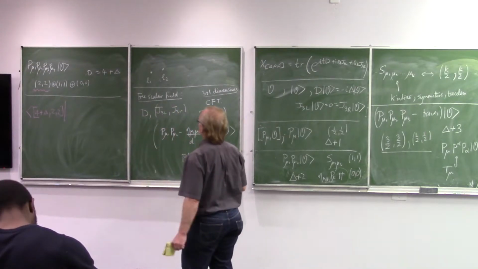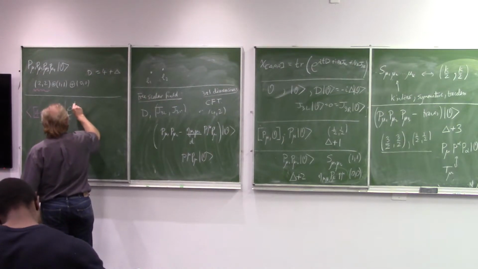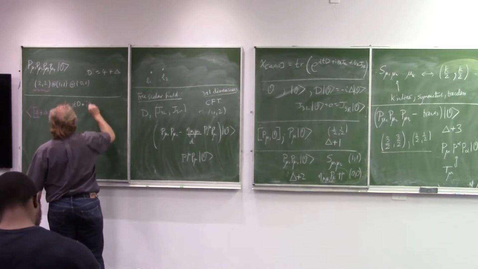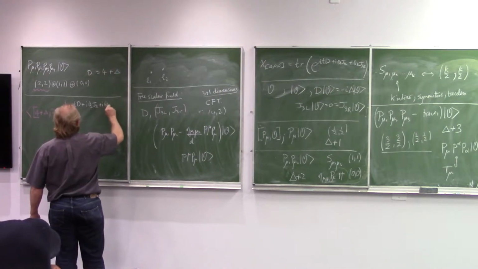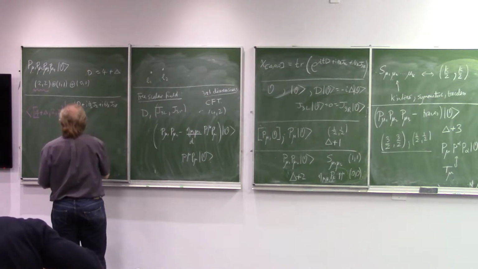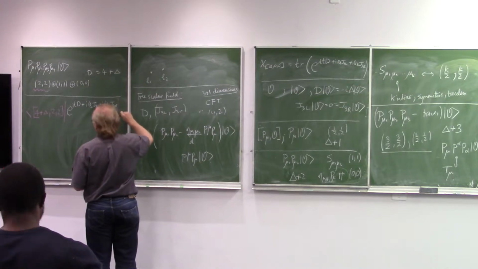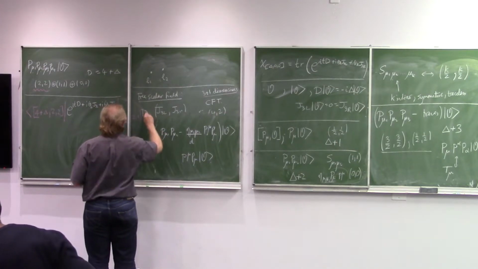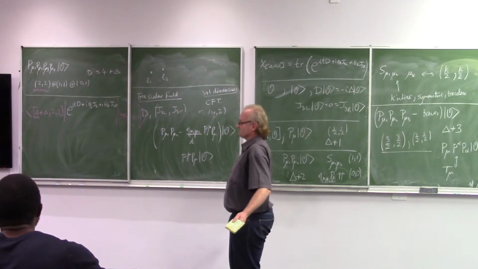Now we will have our exponential, e to the i t plus i theta left, j3 left plus i theta right, j3 right. And then we'll sandwich the same state here. 4 plus delta, comma, 2, 2. So that's the matrix that we're looking at, a diagonal matrix.